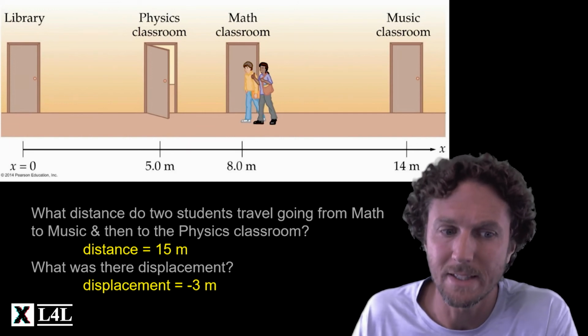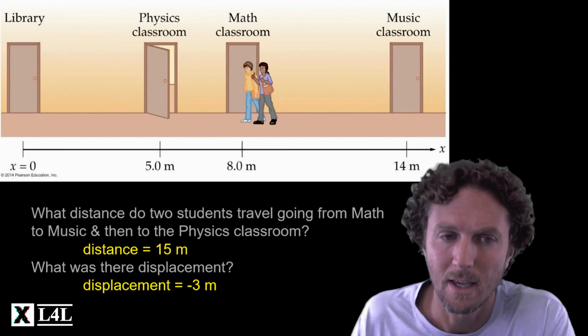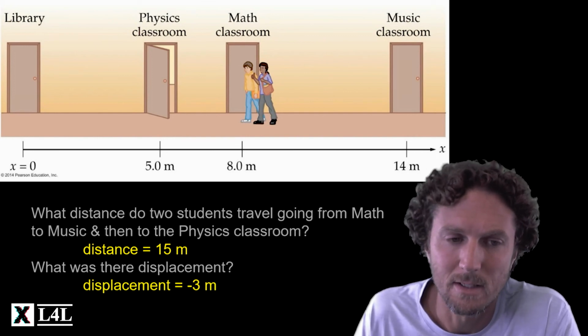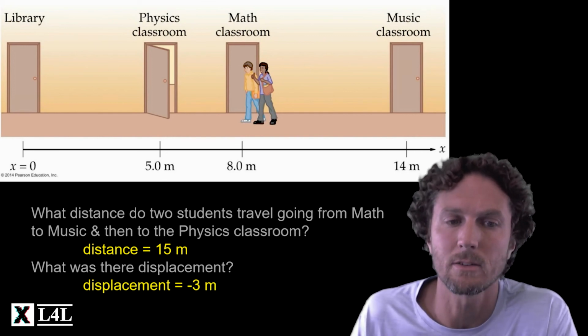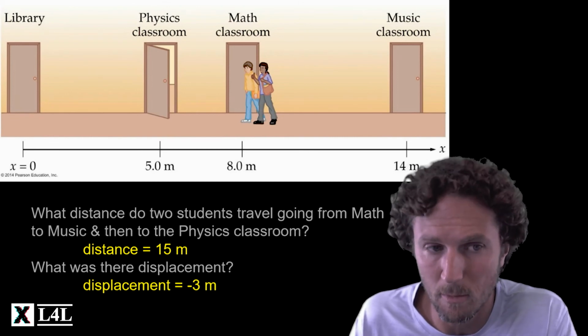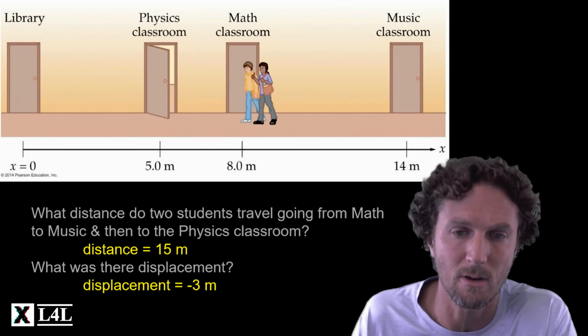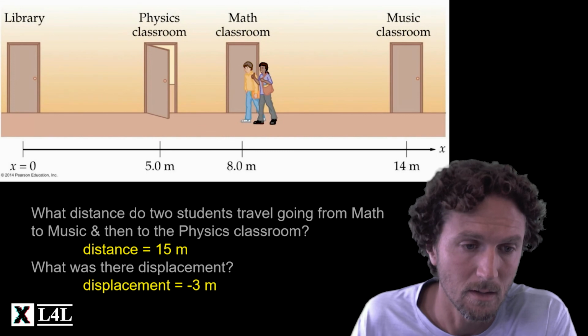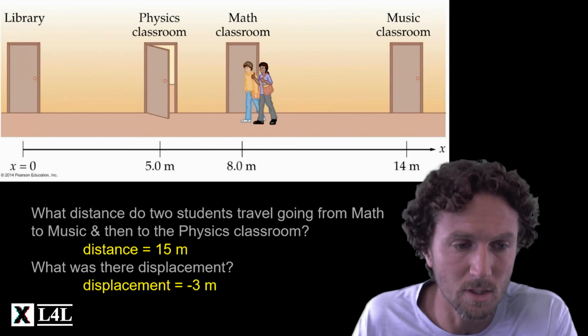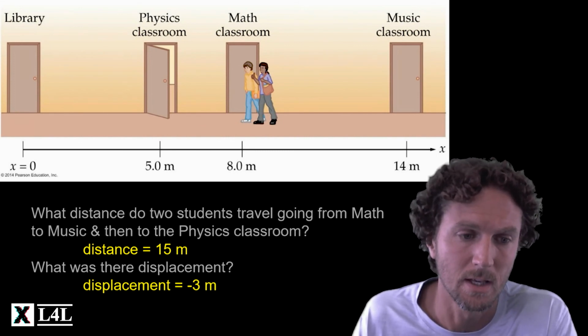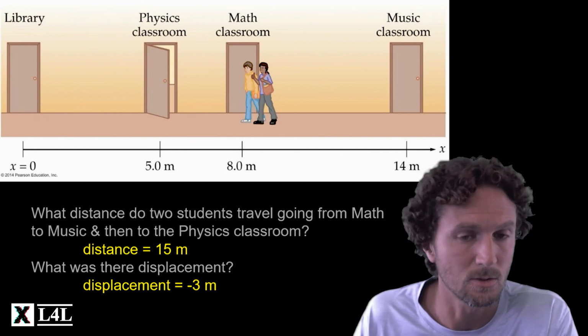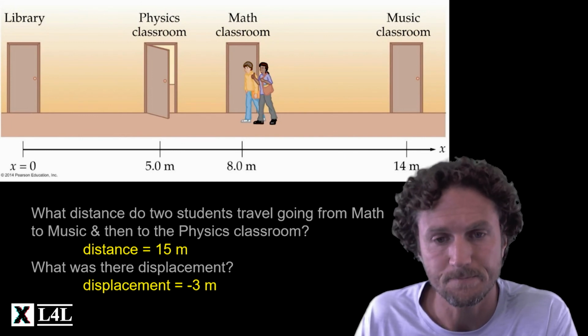It's actually -3 meters. And that -3 meters just means 3 meters to the left in this frame of reference, with the positive x direction being to the right. Again, your frame of reference is really important when you start to talk about position and direction of vectors, so you really need to pay attention to that.